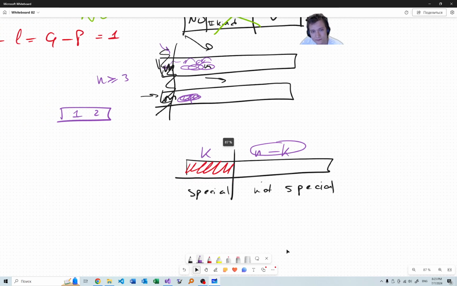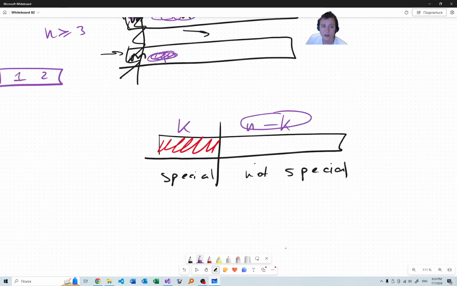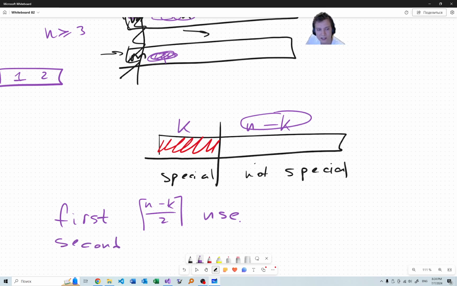Then we definitely know that the first player gets ceiling of (n minus k) over 2 not special elements, and the second player gets floor of (n minus k) over 2 not special elements.